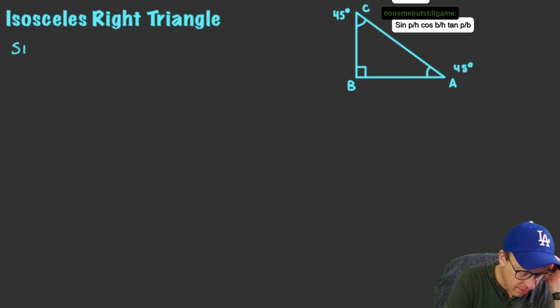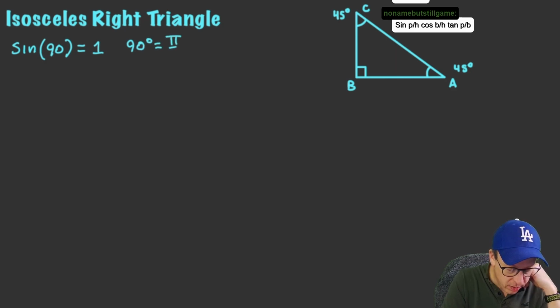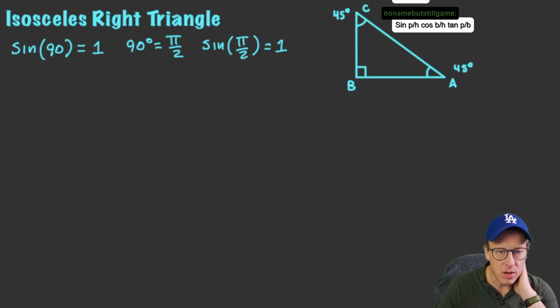Let's say you have the sine of 90. This is going to be equal to 1. And 90 degrees is equal to pi over 2. Just writing this out so that it's a little bit easier to understand. And the sine of pi over 2 likewise is going to be equal to 1. I'll show you graphs of all of these different trig functions so that it is easier to understand.